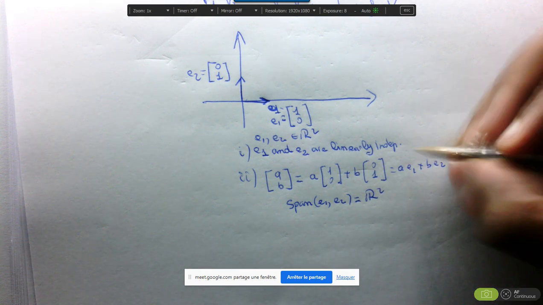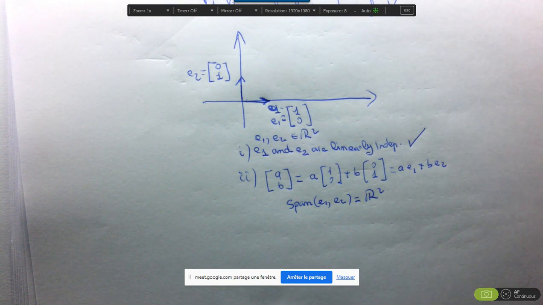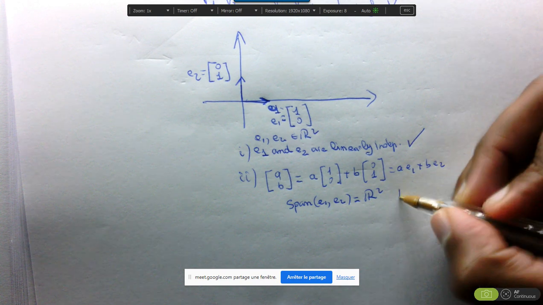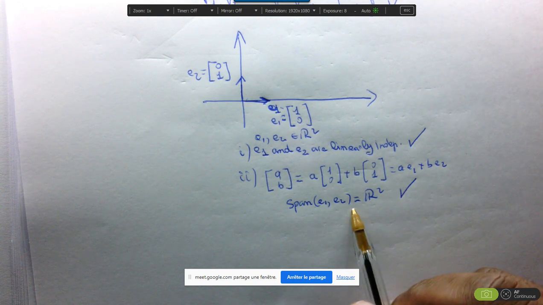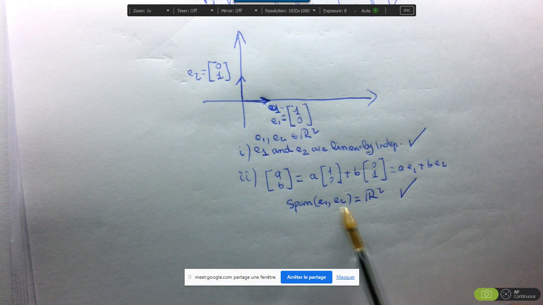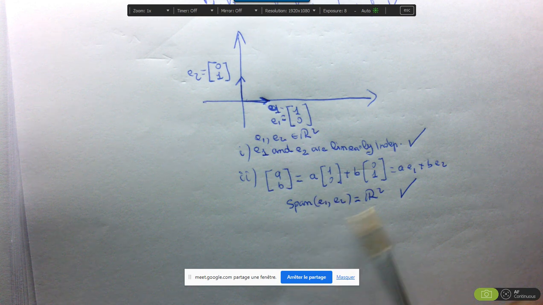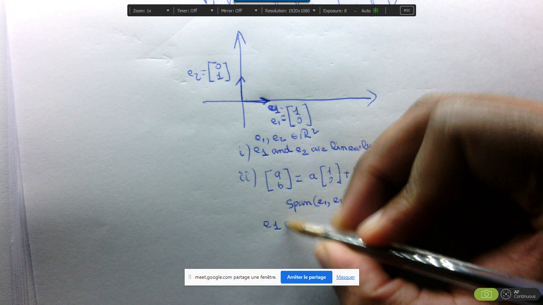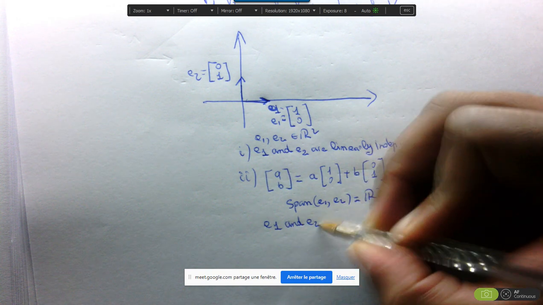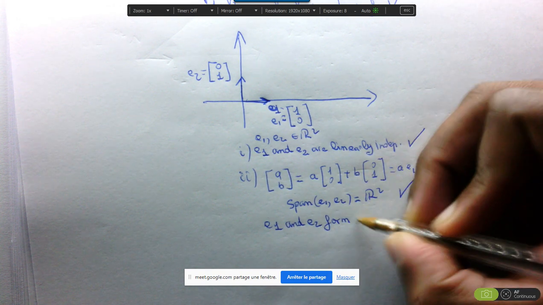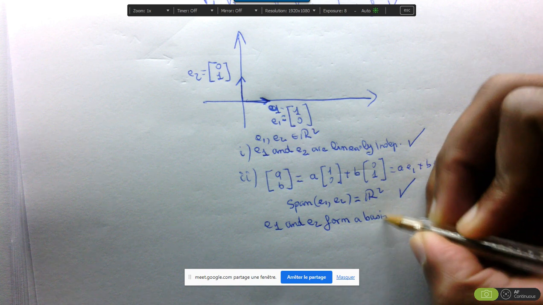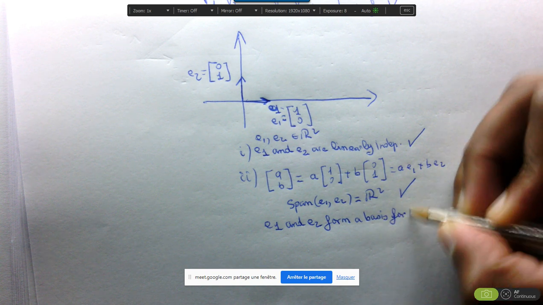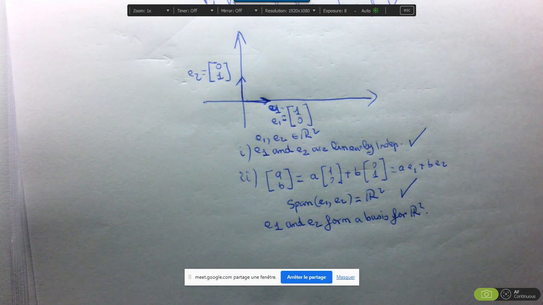So the first condition, e1 and e2 being linearly independent, is met. Since the span of e1 and e2 forms the entire vector space, we can conclude that e1 and e2 form a basis for R2. As simple as that. Alright, so that's in a nutshell the concept of basis.